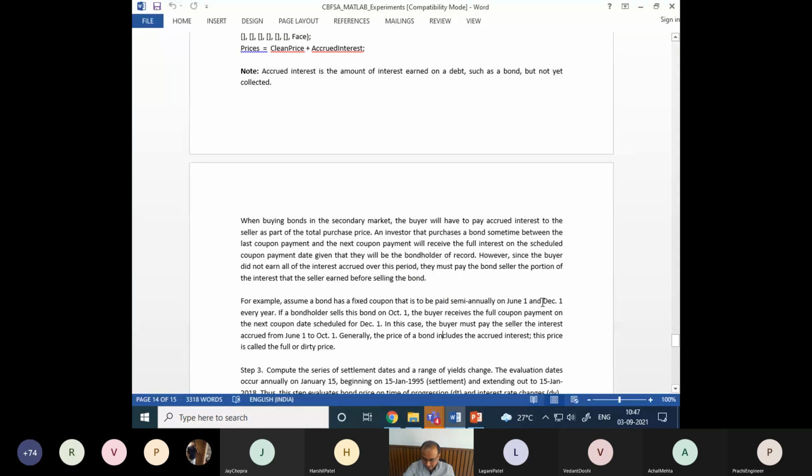No. That interest will be given to the buyer of this bond on October 1, because this buyer may hold the bond on December 1. If I assume the buyer is holding that particular bond until December 1, he will get the interest for the whole period, June 1 to December 1.